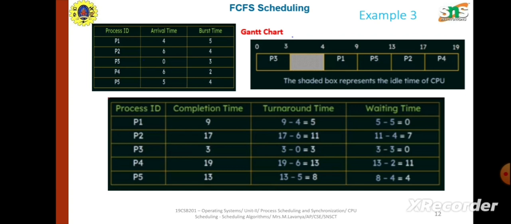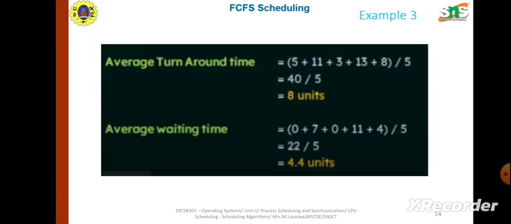Then as said before, for finding the average, we have to sum all those 5 values and divide by 5. The average turnaround time for the 5 processes is 8 and the average waiting time is 4.4 milliseconds.